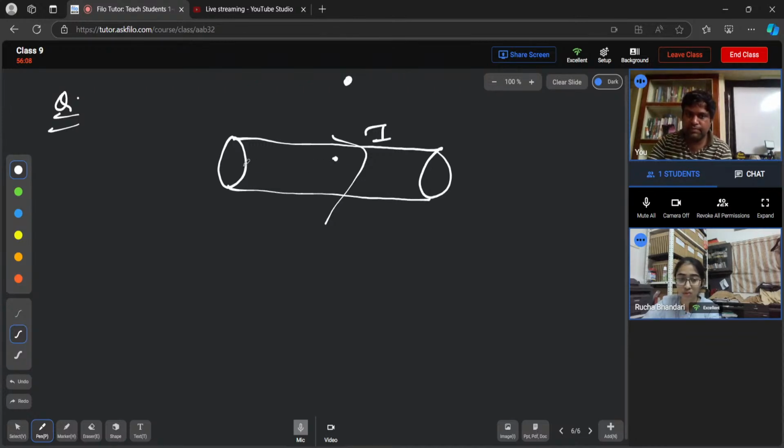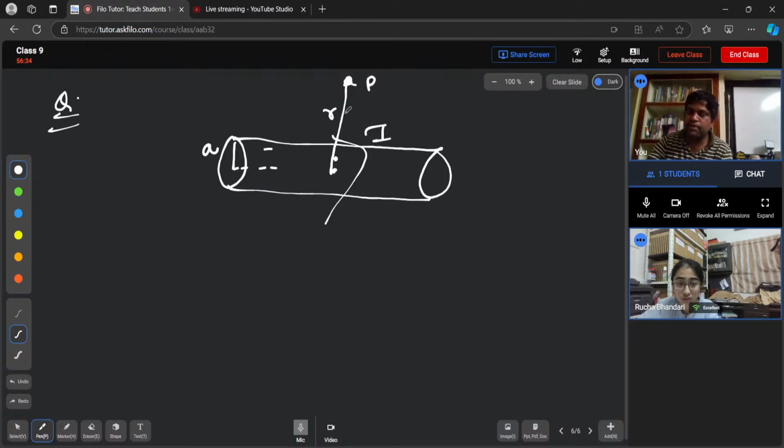Let's say this is a conductor, and in this conductor we'll find out the magnetic field at a point P, which is outside, at a distance, let's say small r, and the radius of this conductor is, let's say, a.